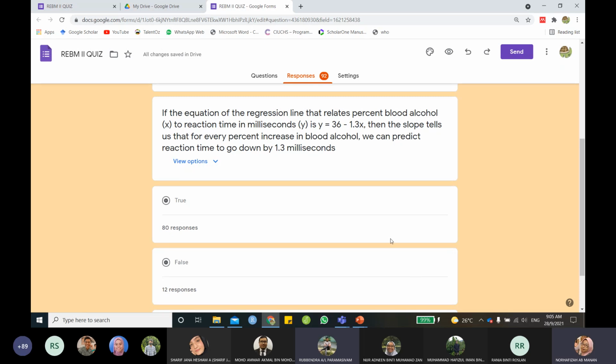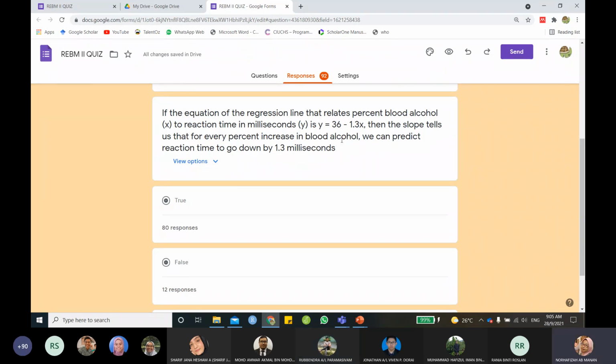The answer is true. Why do you say it's not true? Because the question said the reaction time goes down by 1.3, but that's not the exact equation. It still decreases by 1.3 for every 1% increase in blood alcohol regardless, because 36 is a constant.